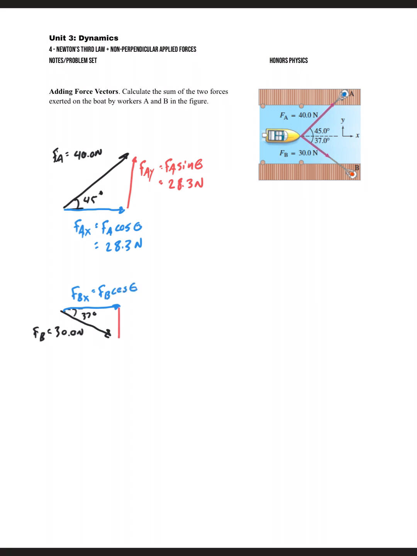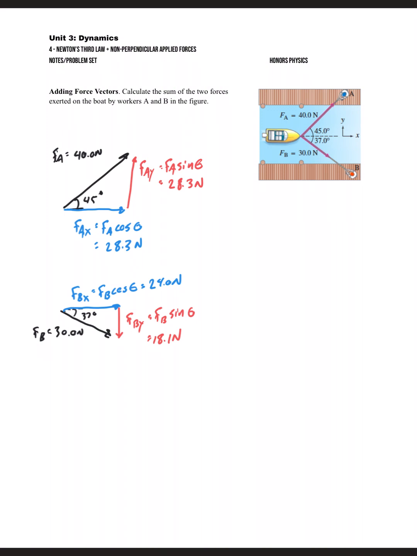And then I have FB in the Y direction, which is FB sine theta. Plug everything in, I get 18.1 newtons for the Y direction going down. And for the X direction, I get about 24 newtons to the right.